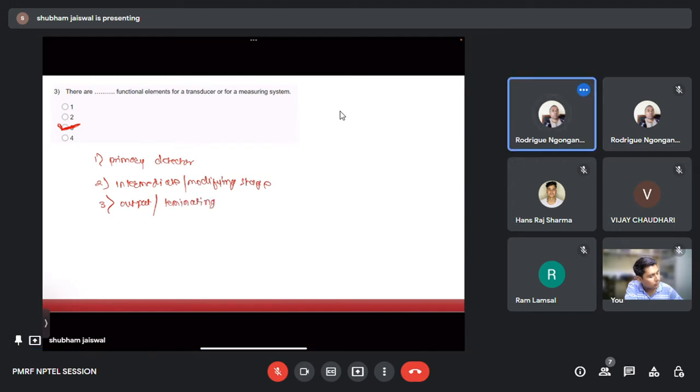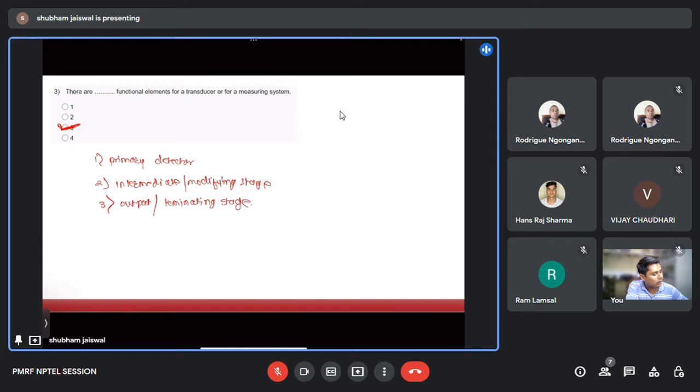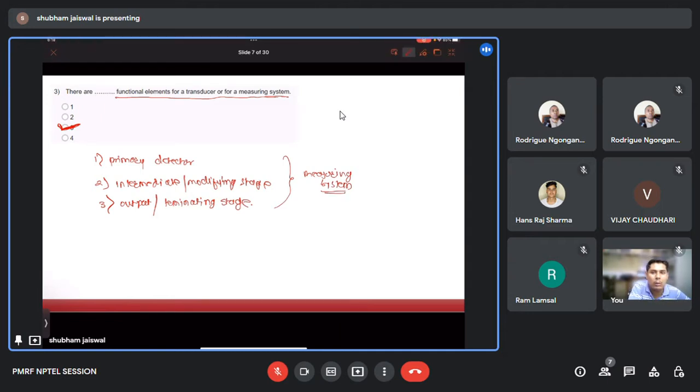Yes, it's 3. But this is for the functional elements of a transducer or measuring system. If we use it for a feedback system, then there will be one more element, so it will become 4. But they have asked for the measuring system, so there are only 3.